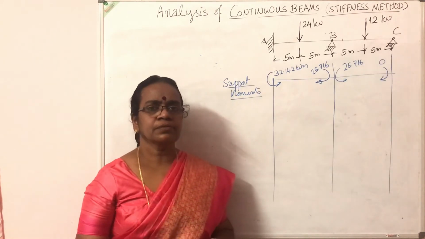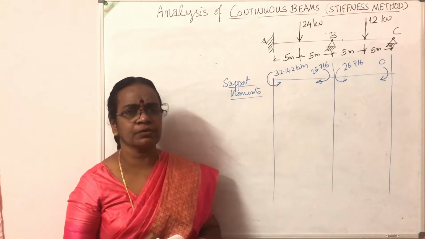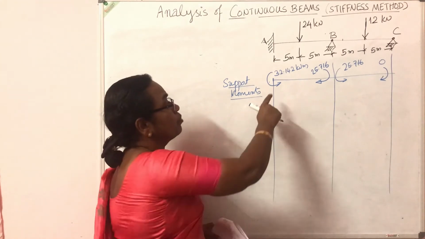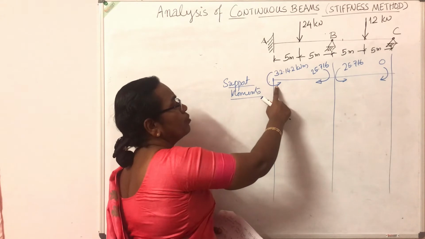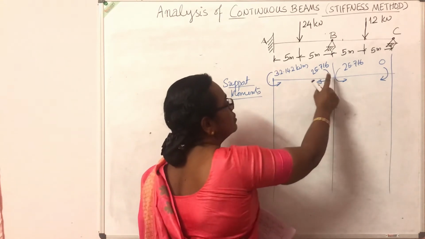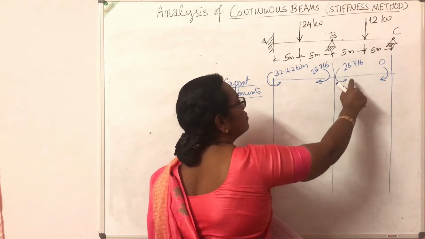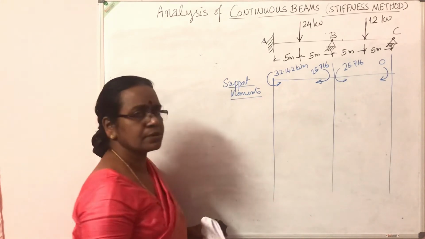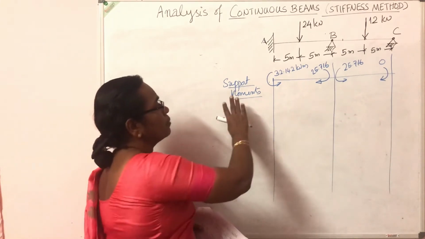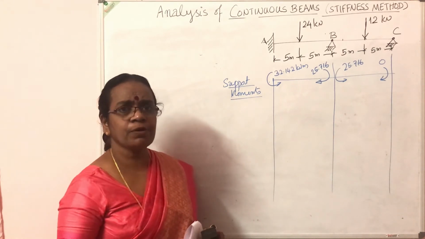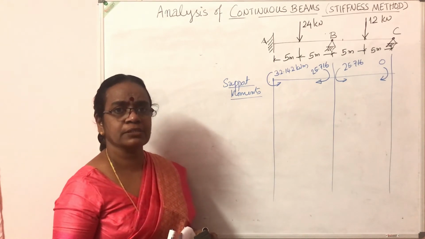Based on the previous result which I obtained in the last step, bending moment MAB was 32.142 anti-clockwise, MBA was 25.716 positive clockwise, MBC was minus 25.716 and MC is equal to 0. So these are the support moments. From these support moments, we have to calculate the support reactions.